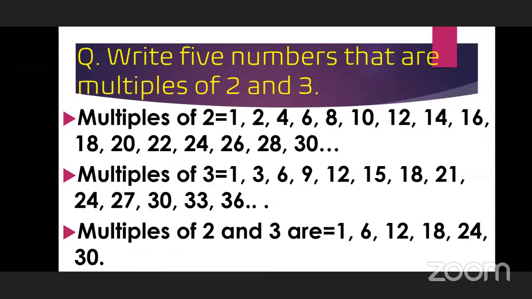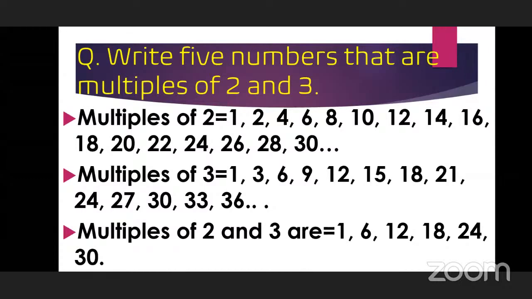So the numbers given are 2 and 3. We have to take the table of 2. These are the multiples which come in the table of 2: 2, 4, 6, 8, 10, 12, like this.